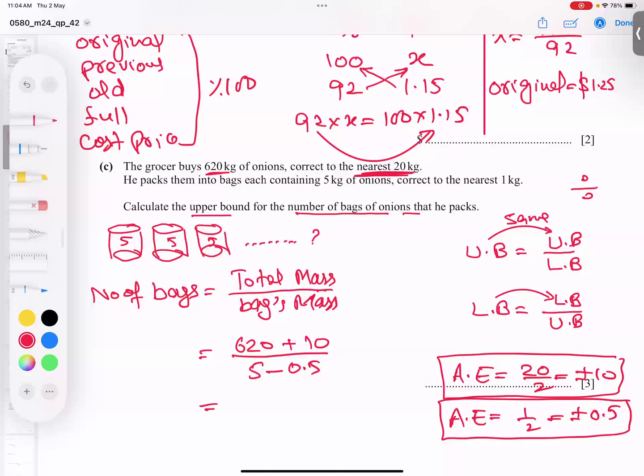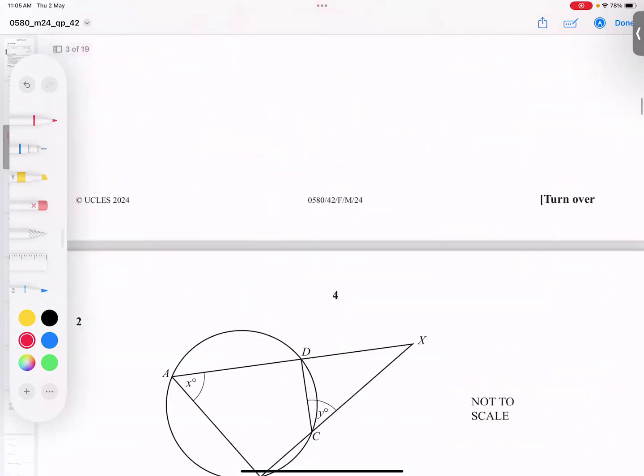Now if I check it, it comes to exactly 140 bags. I think you got the point very clearly while dividing. This is the basic problem definition of upper bound and lower bound. Okay, let's go to the next question.